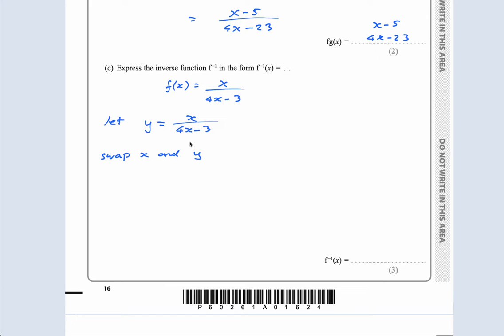Why do we do that? Because we're trying to find the inverse function. The inverse function, we swap x and y. So I now have x equals y over 4 times y minus 3. Note the x's have turned into y's.